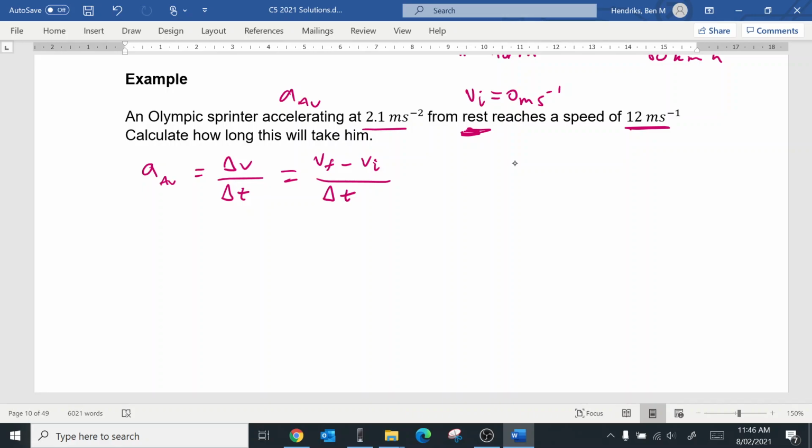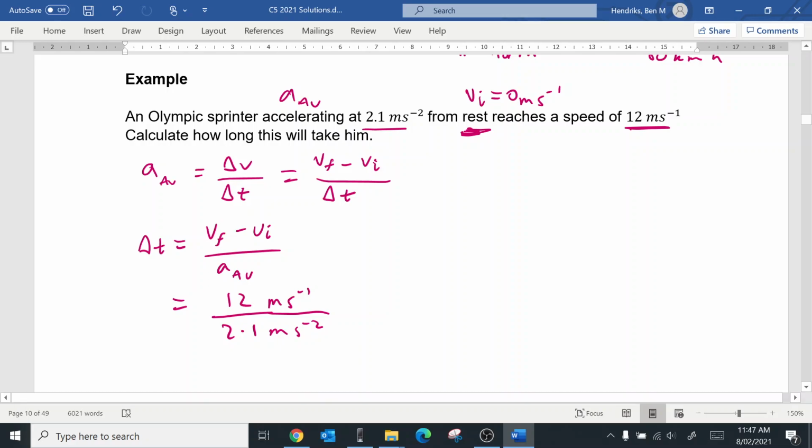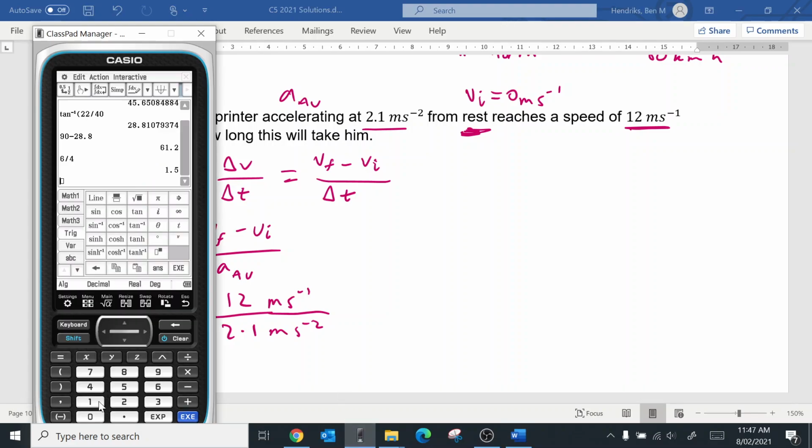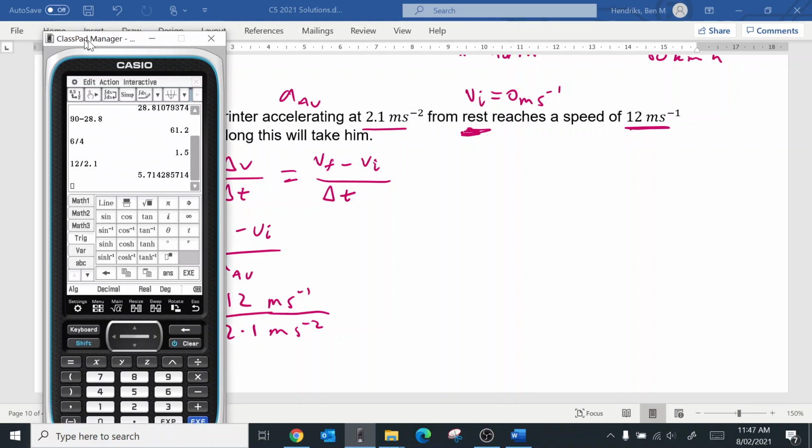So we end up getting delta t is equal to Vf minus Vi divided by A average, which is going to be equal to 12 divided by 2.1. So that's meters per second, our velocity, divided by meters per second squared. And when we put that into our calculator, we get 12 divided by 2.1, and that's equal to 5.71.